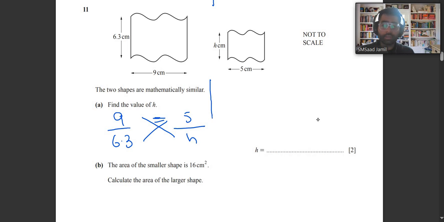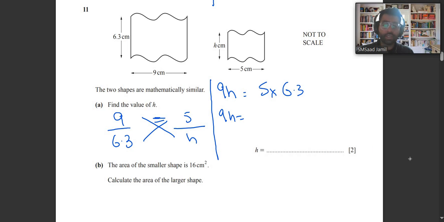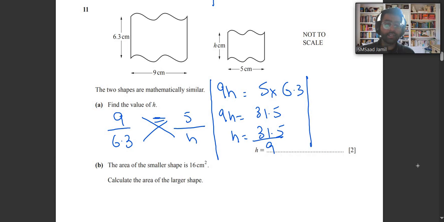So this becomes 9h is equal to 5 multiplied by 6.3. 5 multiplied by 6.3, it's 31.5. So 9h is equal to 31.5. h is equal to 31.5 divided by 9. Alright. So 31.5 divided by 9, you get the height is equal to 3.5.